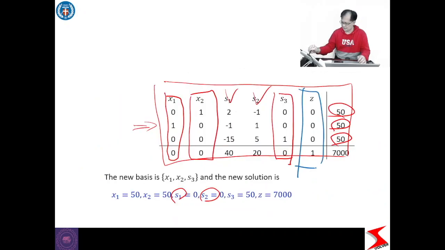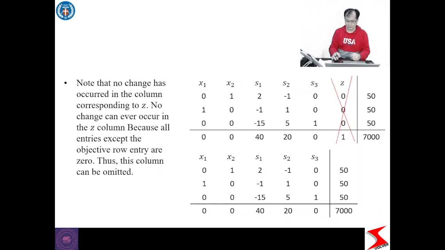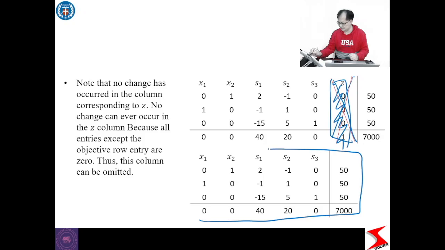No matter which table, you will find this column has the same values, 0, 0, 0, 1, right? Because actually in the constraints, there is no Z coefficient, which means the coefficients are 0. So it doesn't matter if you have this column or not. So sometimes we will delete this column, and the table will become like this, right?